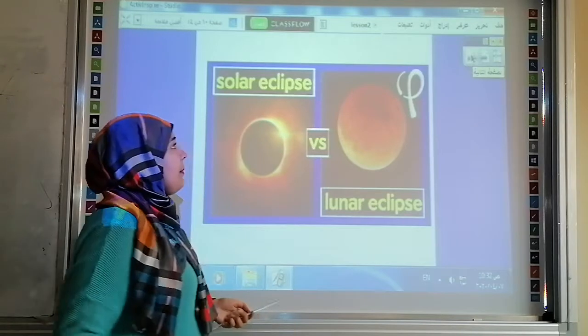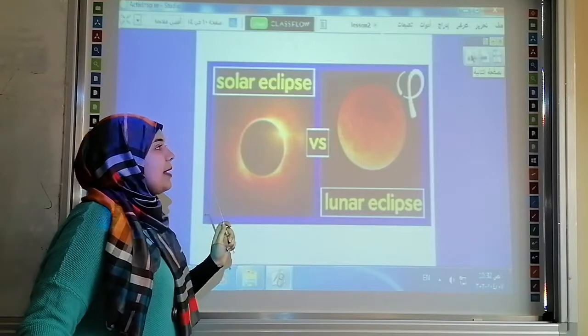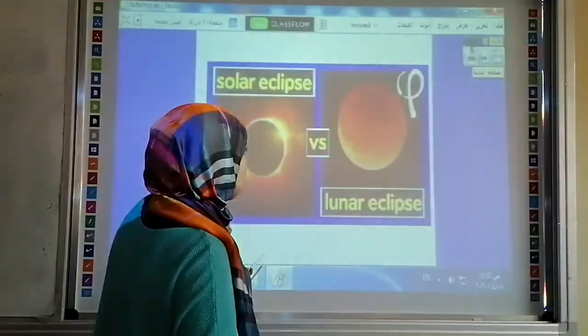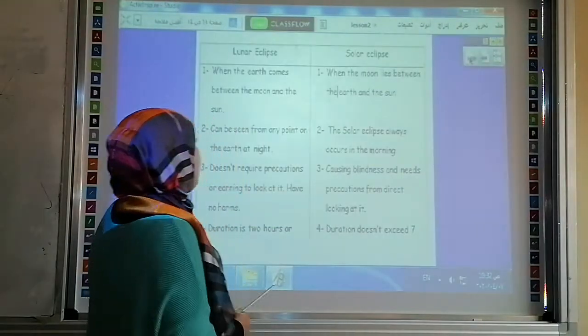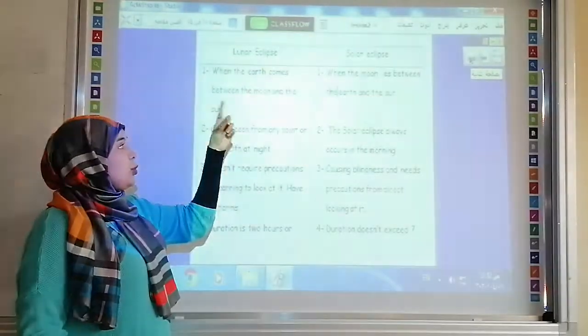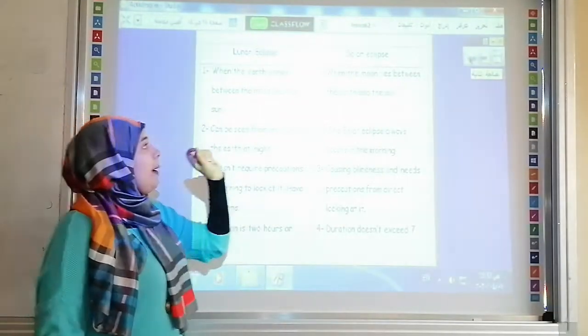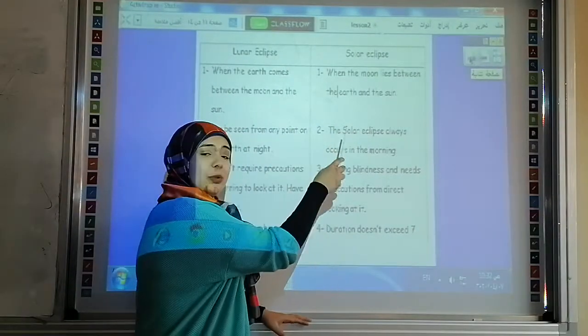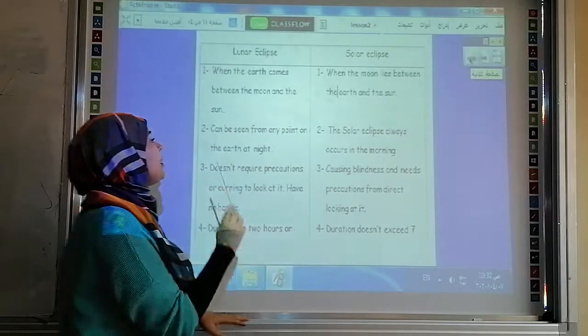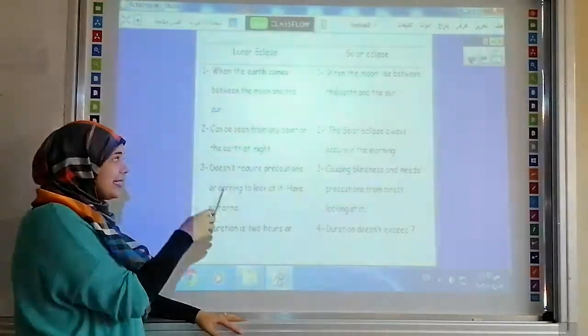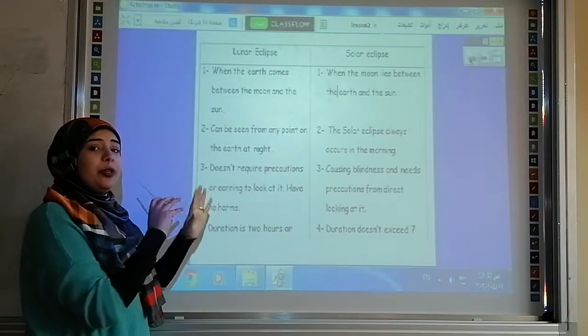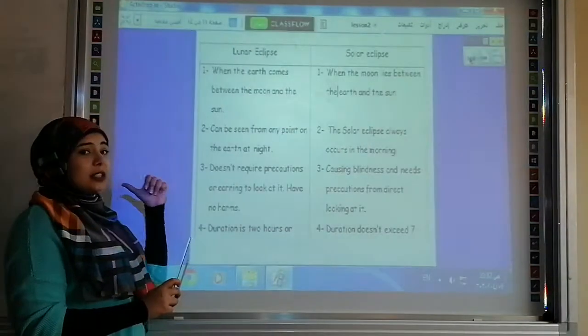Okay. By making a comparison between solar eclipse and lunar eclipse, we will find that in a lunar eclipse, the Earth is between the sun and the moon, but in a solar eclipse, the moon is between the sun and Earth. A lunar eclipse can be seen from any point on Earth but at night.